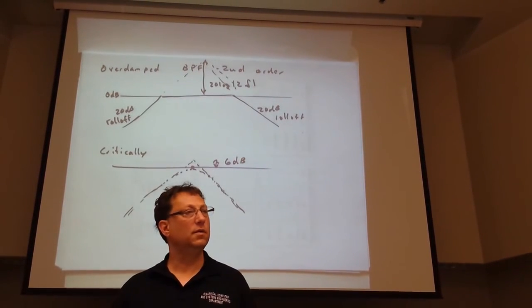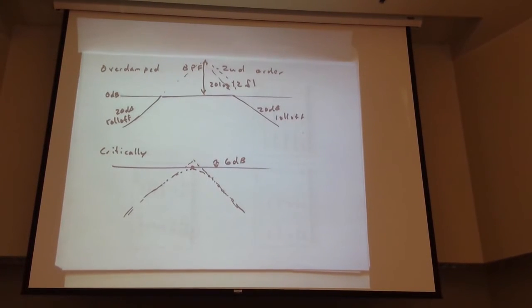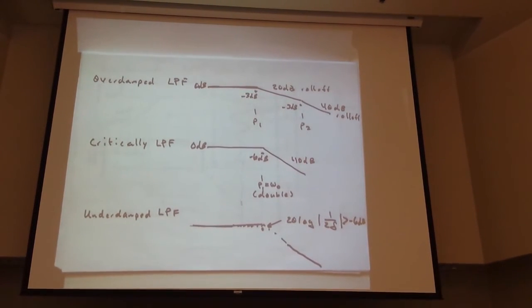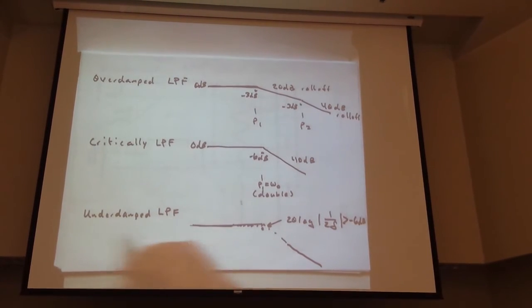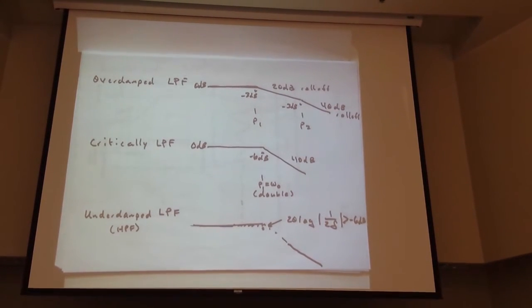Can you go back to the low pass filter? This thing? So the ratio is 1 over 2 delta, and for everything else it's just 2 delta. Well, this would be the underdamped low pass filter and also the high pass filter. I'm just curious about what's inside the log, 1 over 2 delta, because in the other cases it's just 2 delta. But they're effectively the same thing.